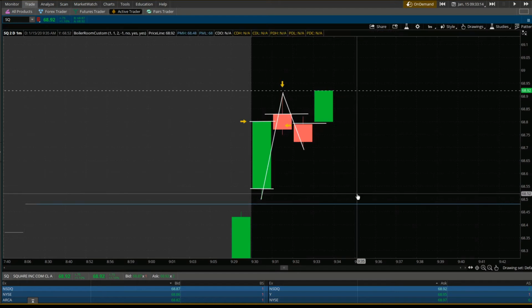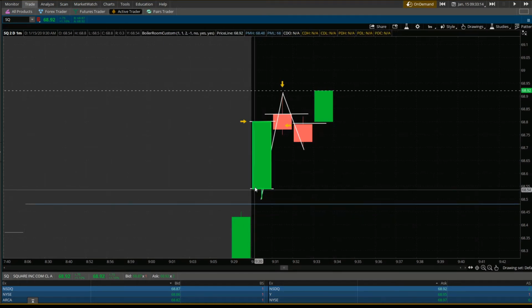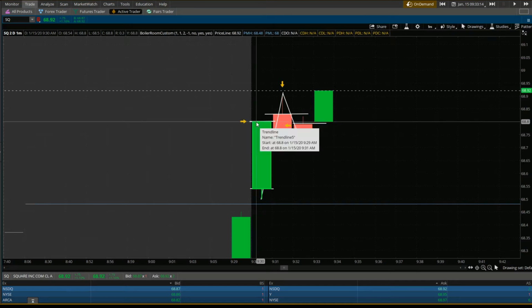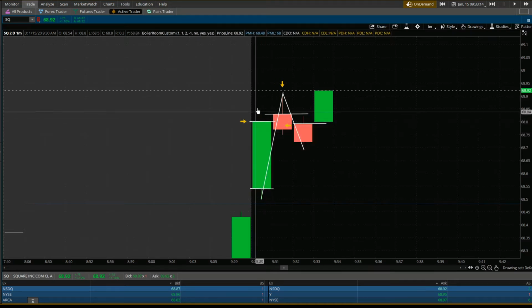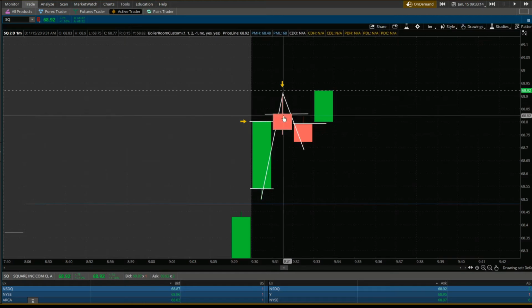So what I'm looking at when I'm trading it is this green candle symbolizes extreme bullishness. Then we get a small red candle, but it's almost a doji. This is showing me that there's a lot of indecision going on here. The wick is large up top, shows us rejection of higher prices for the moment, but it doesn't close very strong.